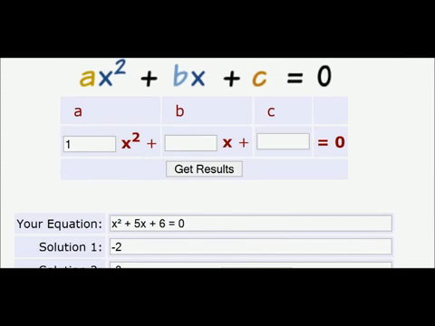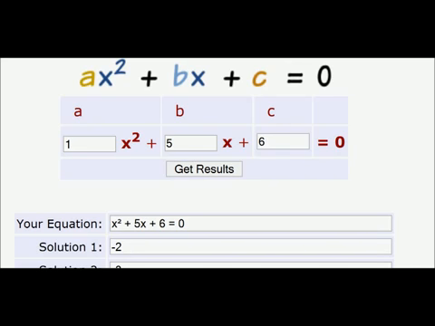We can also check our answer using this quadratic equation calculator. The equation that we have was x square plus 5x plus 6 is equal to 0. The roots are minus 2 and minus 3.